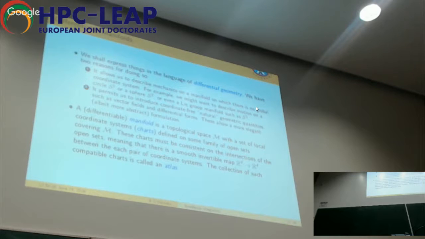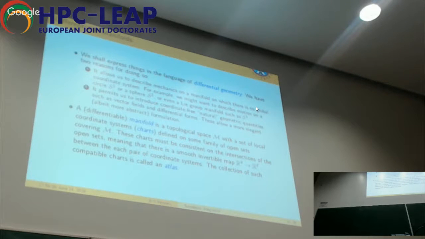Just like the example I gave of the coordinate system of a sphere, we have one centered on the north pole, one centered on the south pole. For these two coordinate systems, there must be a smooth differentiable transformation of coordinates around the equator in the open patch where they overlap. We can talk about a smooth differentiable mapping because this is a mapping, in the case of the sphere, between R2 and R2.